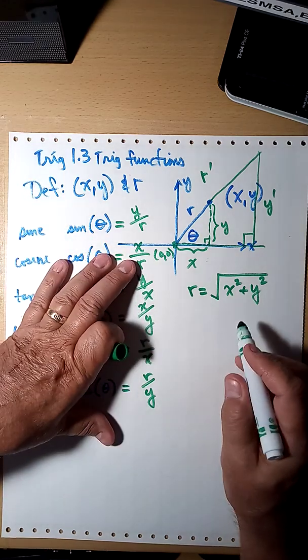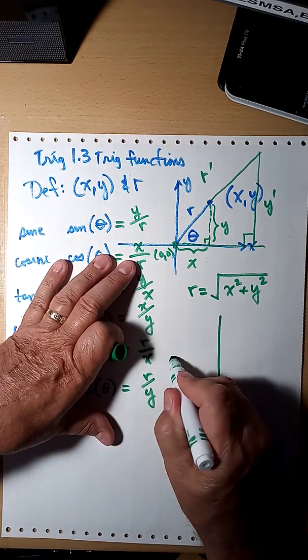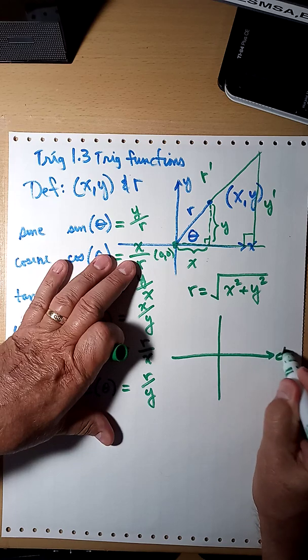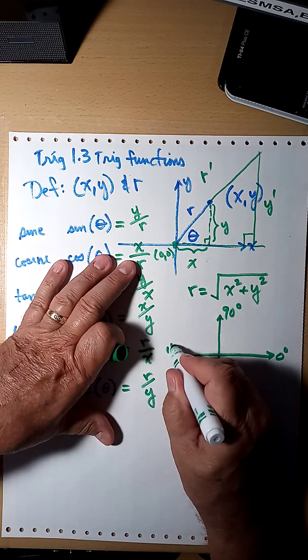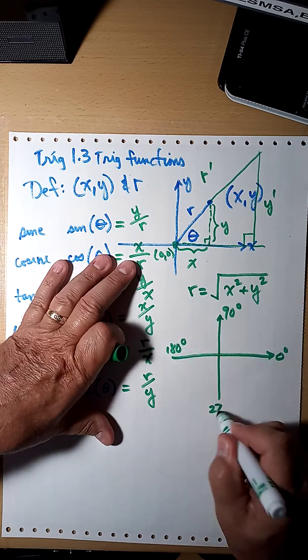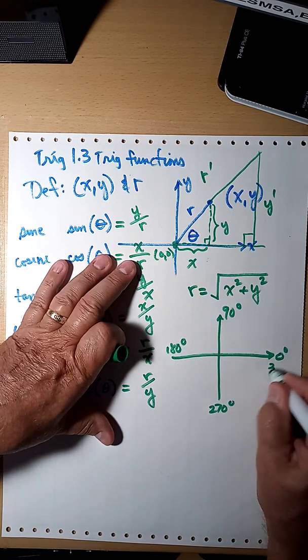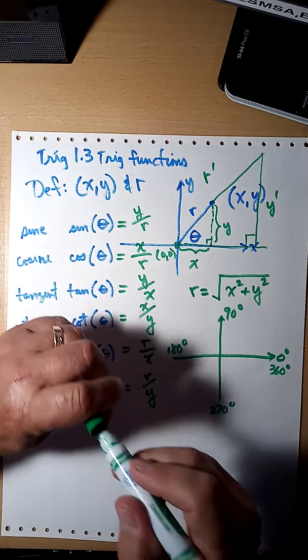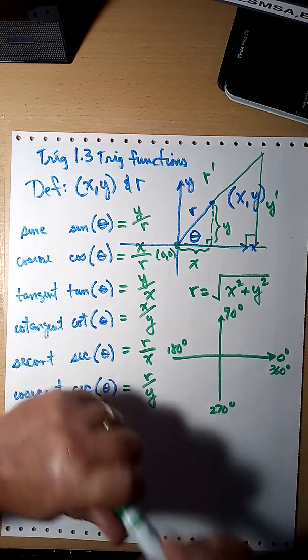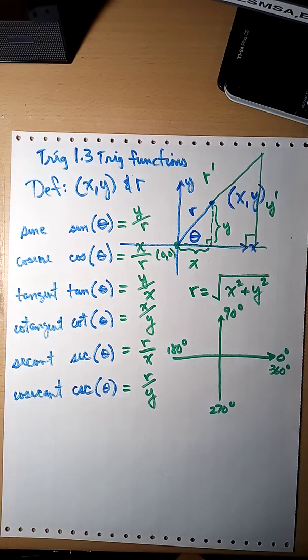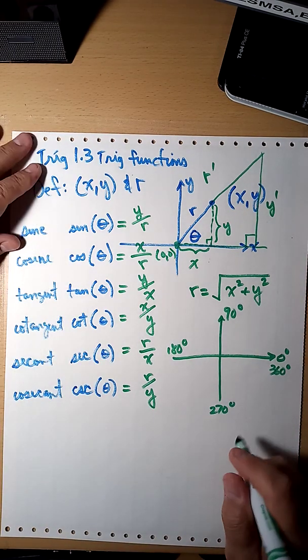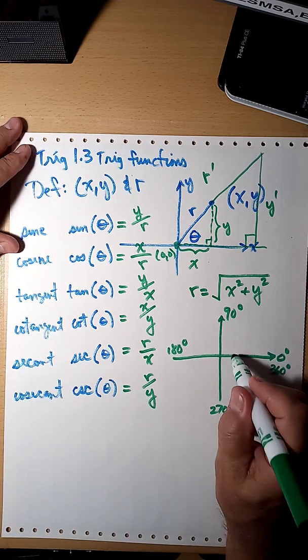The quadrantal angles, those angles that are 0 degrees, 90 degrees, 180 degrees, 270 degrees, and then back around to 360 degrees. The quadrantal angles. If you want to find the values of the trig functions of those, it's sort of nice.